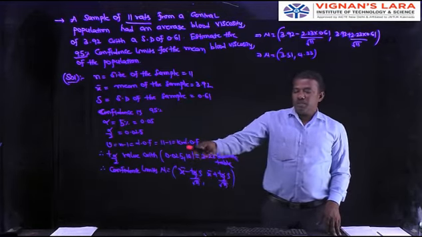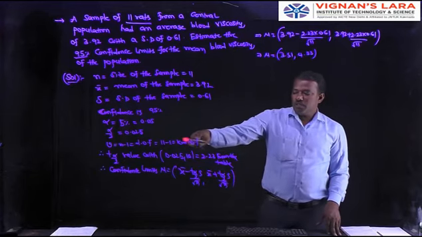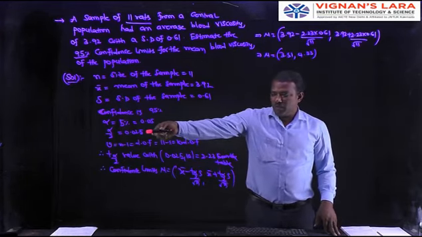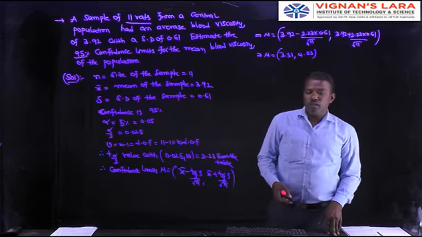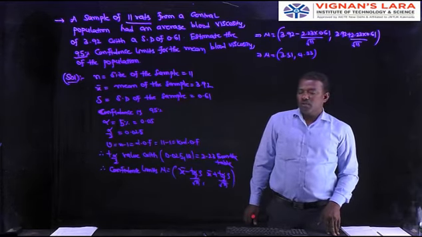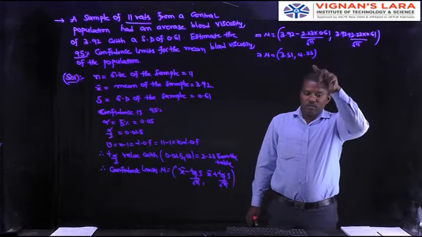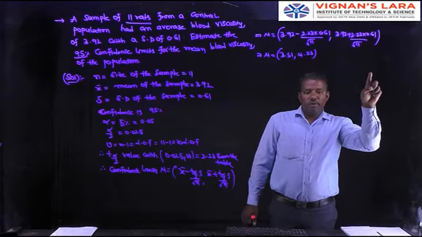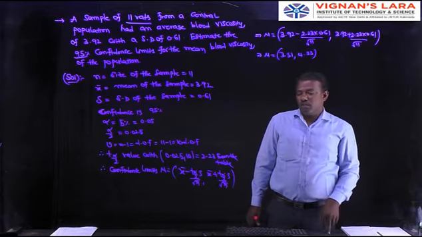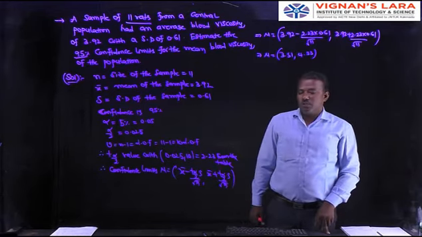T alpha by 2 with 0.025, that is the value of alpha by 2, comma, n minus 1, 10, is 2.23 from the t distribution table. First identify the degrees of freedom in the first column in the table, and at the top identify 0.025. Then the corresponding value is 2.23.